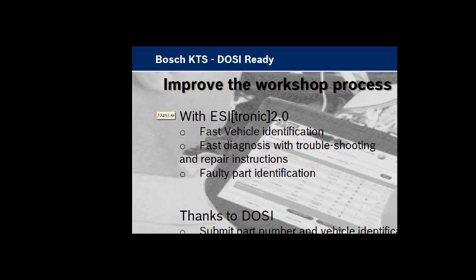This is what troubleshooting is about, and for this we need to be guided, we need to have some instructions, and this is the purpose of the so-called SIS, Service Information System, within the Asitronic AZ 2.0. This is on every KTS which has subscribed to this option and helps the mechanics to perform the diagnostic, troubleshooting, and find the faulty parts on the vehicle.